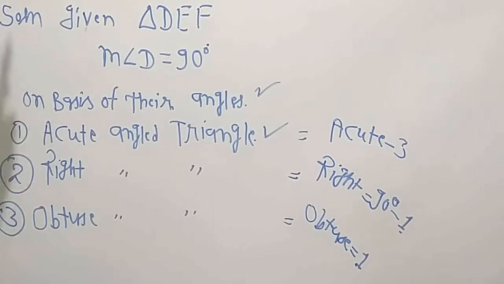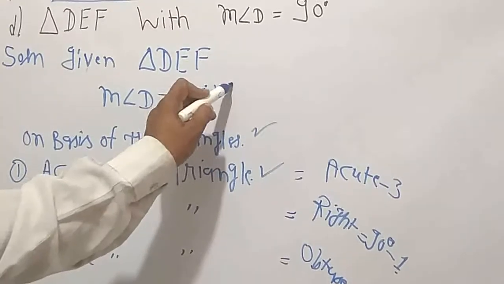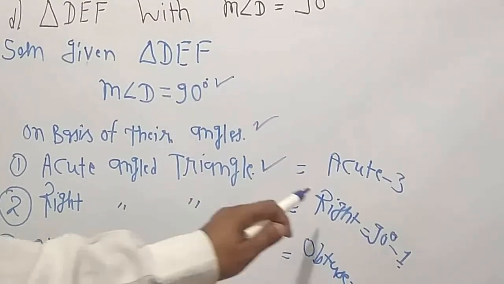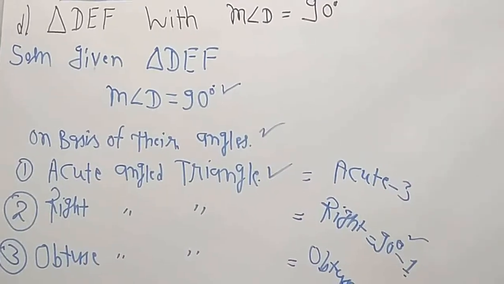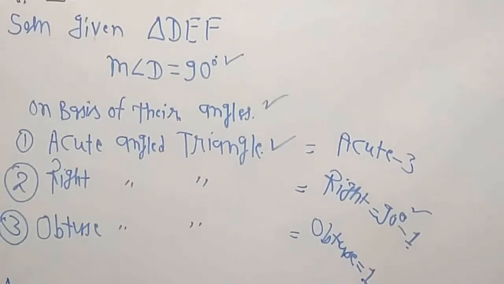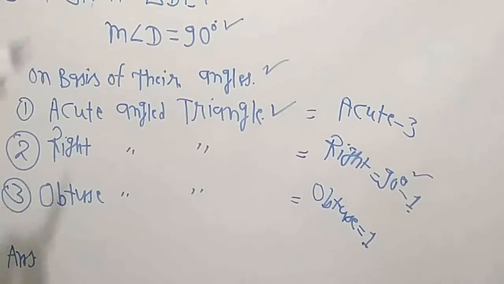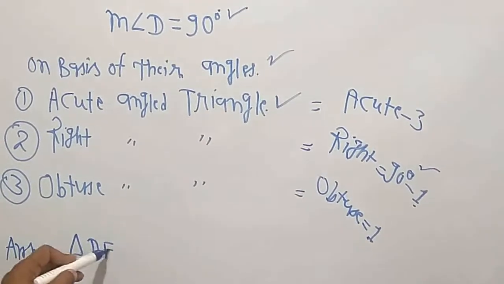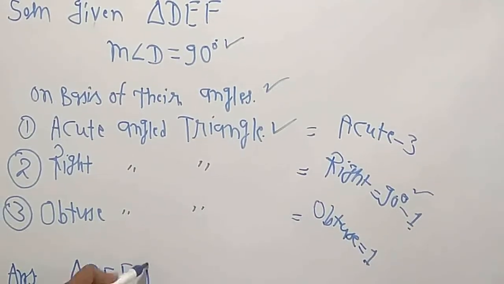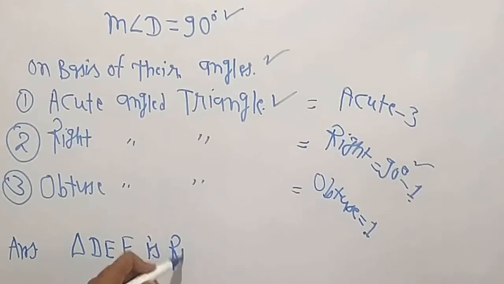Here for the part D, it is one angle 90 degree. One angle 90 degree, it means what? It is right angle triangle. So we can write here in answer, it is triangle DEF is right angle.